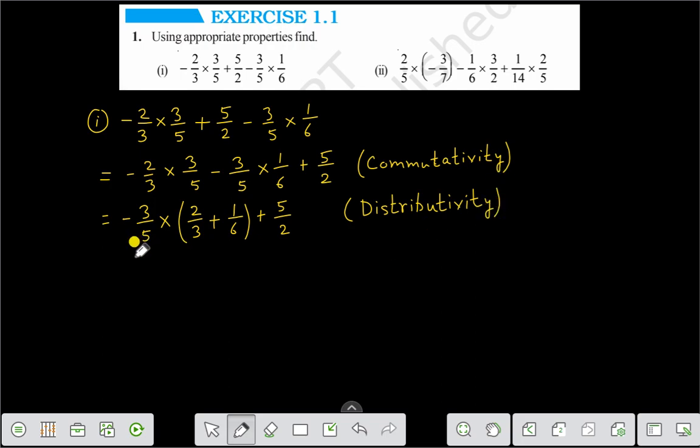Now we'll add this one. Minus 3 by 5 into, in bracket, we are adding: 6 is the LCM, 3 2s are 6, that is 2 2 is 4, plus 1, plus 5 by 2.